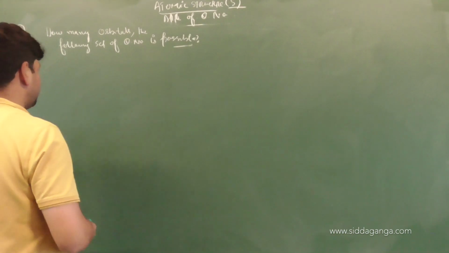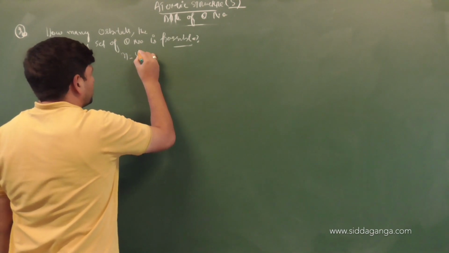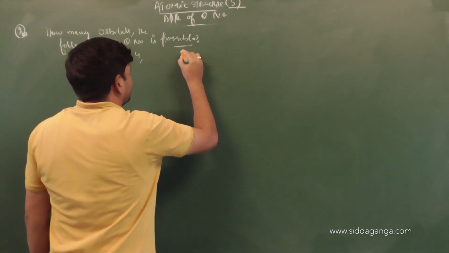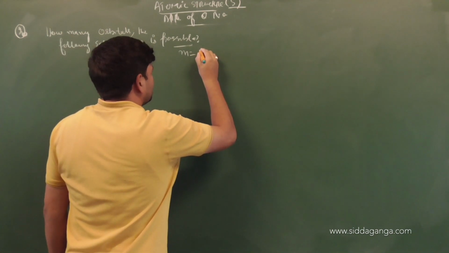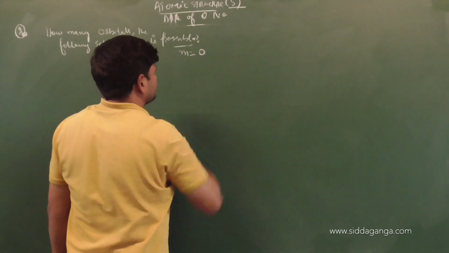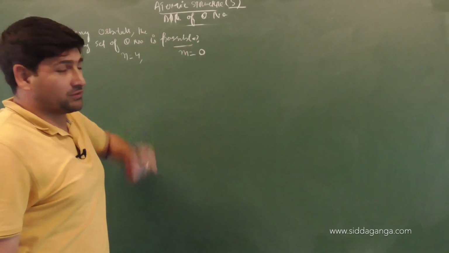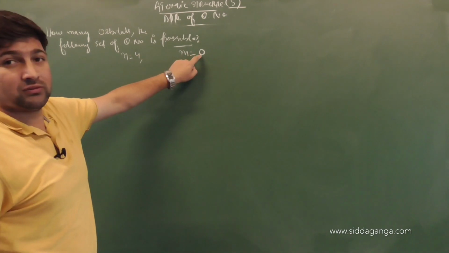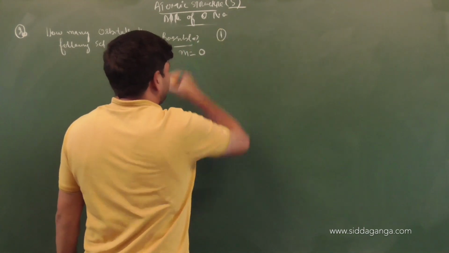I am writing the quantum numbers here. N equals 4 and M equals 0. Am I clear? N is 4 and what's the M value? 0. So our options here are, option 1 is 4, option 2 is 8, option 3 is 1 and option 4 is 2.